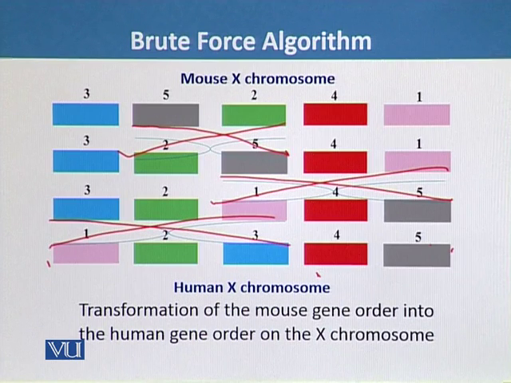For calculating these flippings, we will use 2 different types of greedy algorithms, and we will calculate how many flips are needed for the arrangement of the human and mouse genome or any other genome to be in the same order.